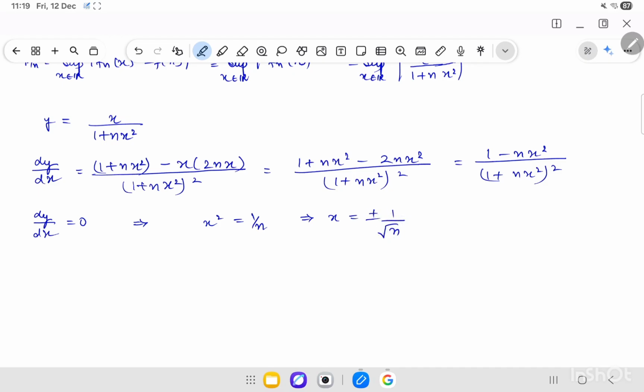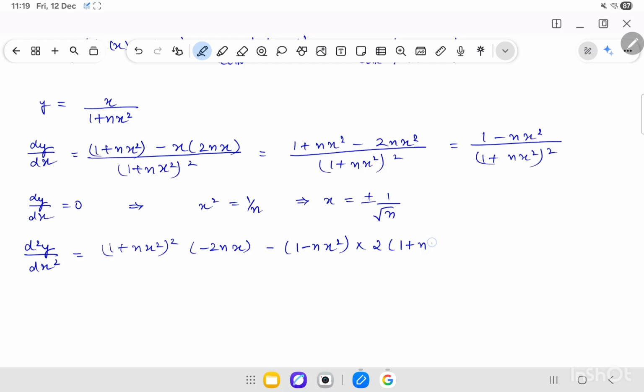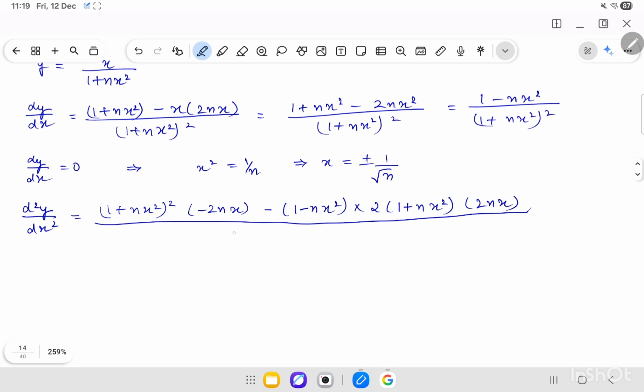Now let's evaluate d square y by dx square in order to check at what point the function y attains its maximum. So it will be equal to 1 plus nx square whole square times minus 2nx, minus 1 minus nx square times 2 times 1 plus nx square times 2nx, divided by 1 plus nx square raised to 4.